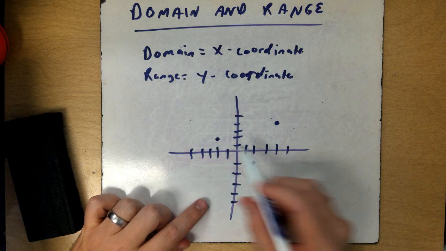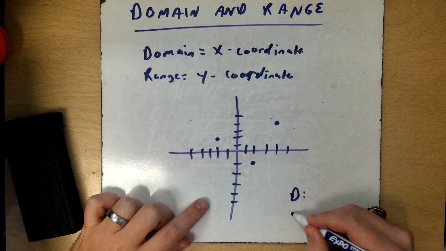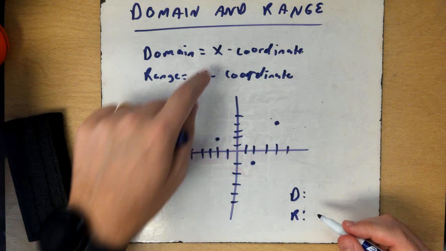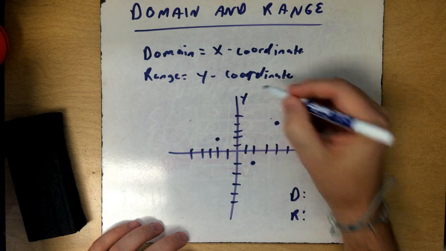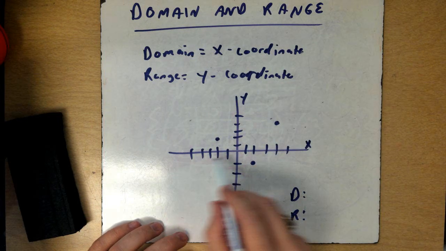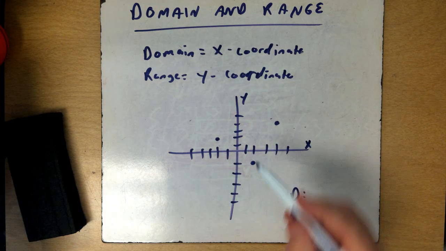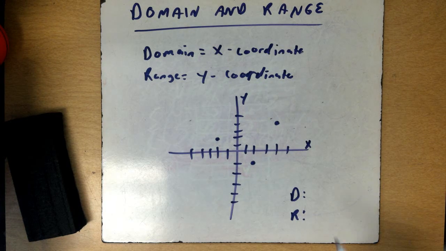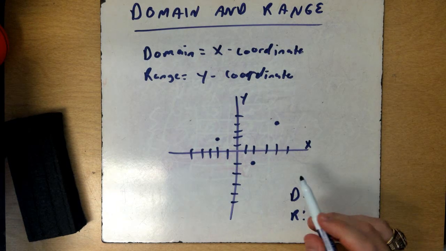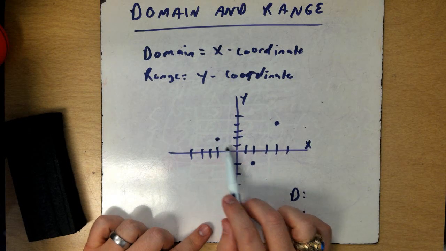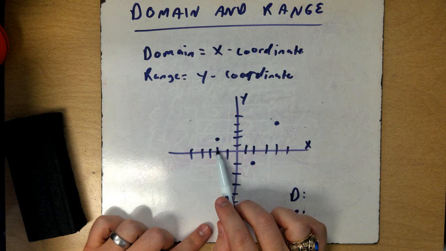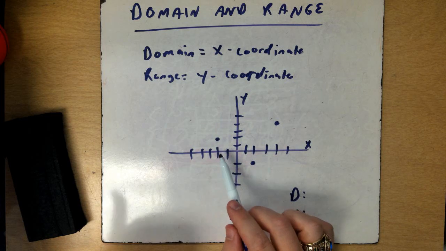So if we look here, we want to do domain and range. Remember, our domains are our x coordinates. So remember, this is our x-axis, and this is our y-axis. The x-axis is anything on this line, y is anything on this line. So if I look at my x-axis, my domains, at this point here my x is 1, 2, and because we're going left, it's a -2.